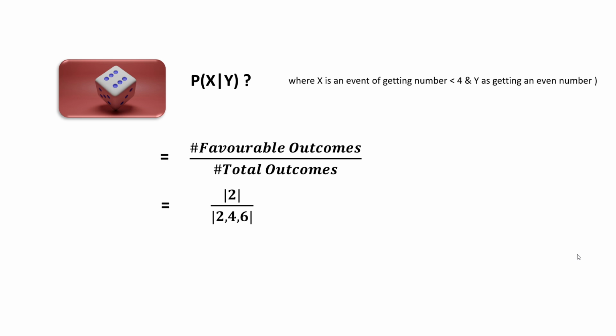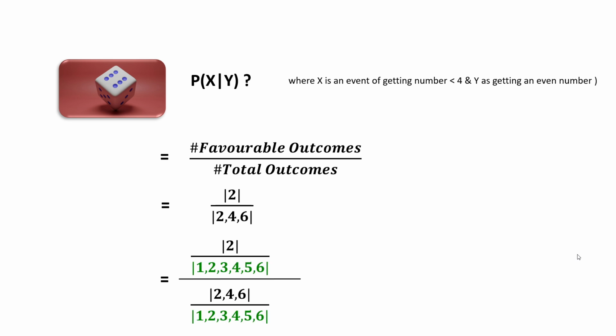Let's use some trick here. If we divide the numerator and denominator by the sample space of rolling a dice, which is 1 to 6, then if you carefully observe this expression in the denominator, this is nothing but the probability of event y, which is getting an even number when you roll a dice.